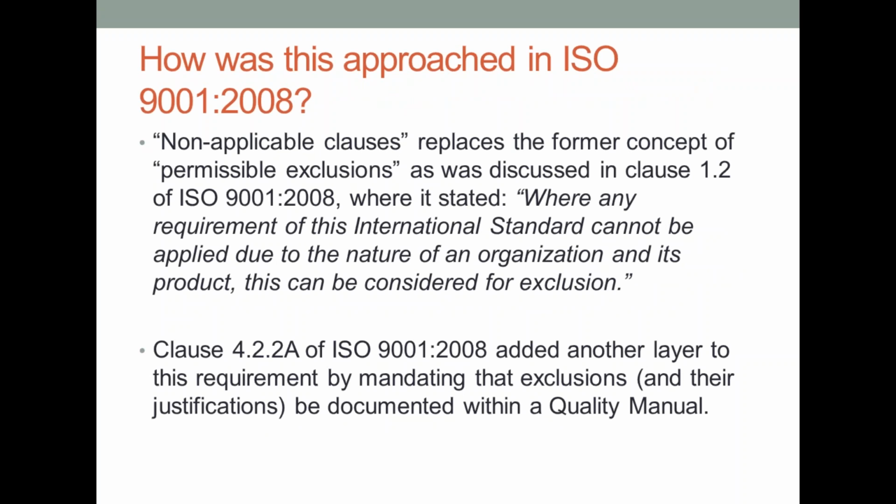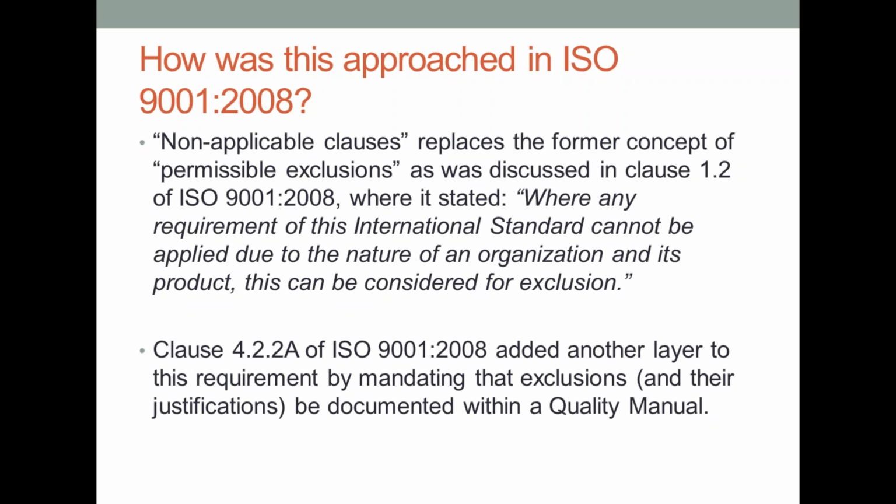Now, how is this approached in ISO 9001-2008? Non-applicable clauses replaced the former concept that was called permissible exclusions. Now, permissible exclusions was mentioned first in section 1.2 of ISO 9001-2008, where it stated, where any requirement of this international standard cannot be applied due to the nature of the organization and its product, this can be considered for exclusion.